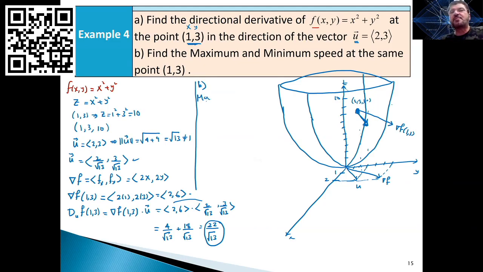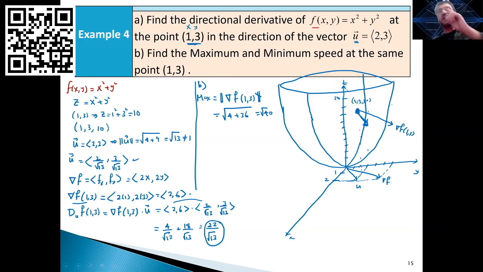The maximum, according to the theorem, is the magnitude of the gradient of f at the point (1, 3). We found the gradient to be (2, 6). So this is the square root of the square of the first, which is 4, plus the second, which is 36. If you add this, it is the square root of 40.